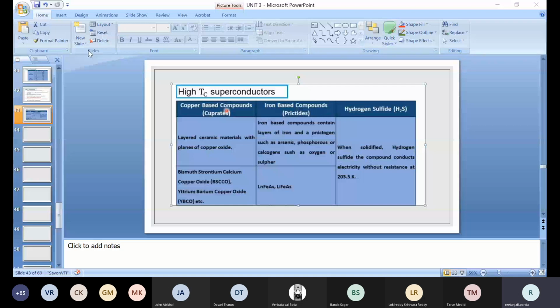Ln means lanthanum. So lanthanum, iron, and arsenic. These are the different types of high critical temperature superconductor. This is just an example I gave you.